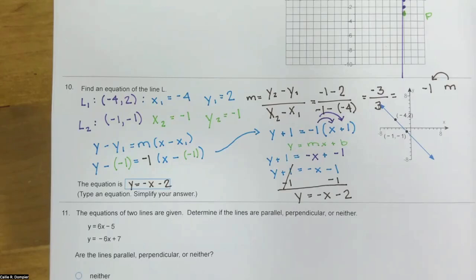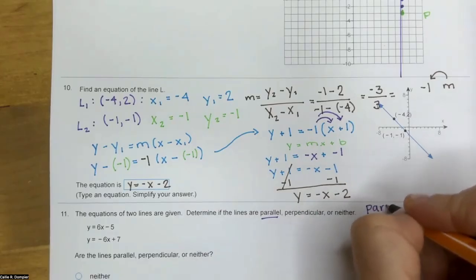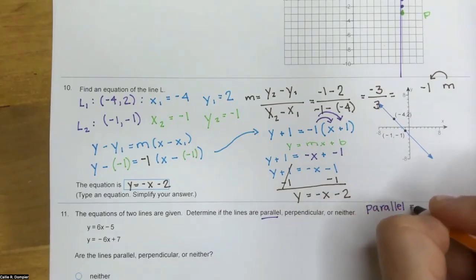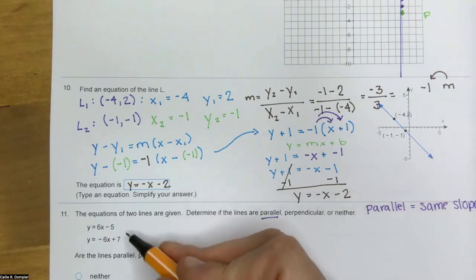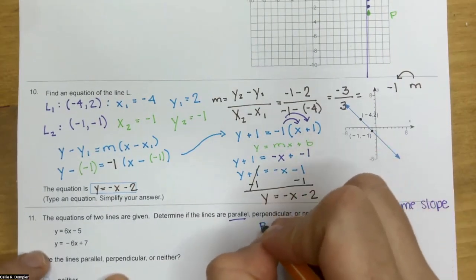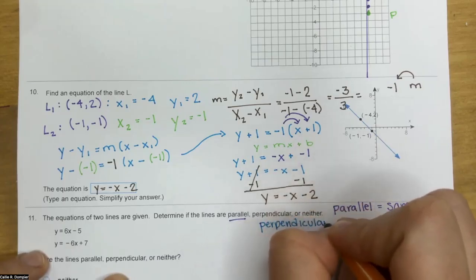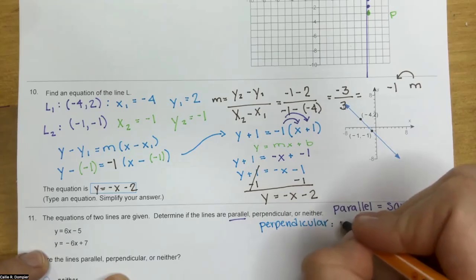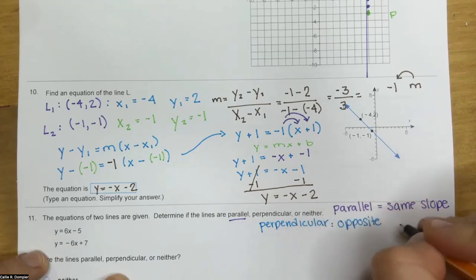If they are parallel, same slope, okay? If they're perpendicular, that means we have the opposite inverse slope.